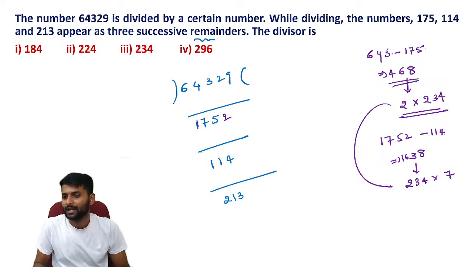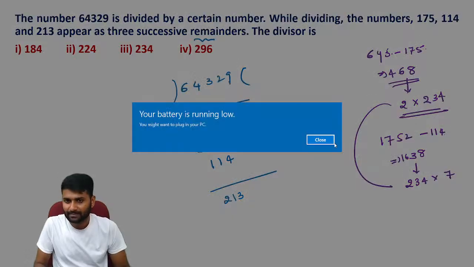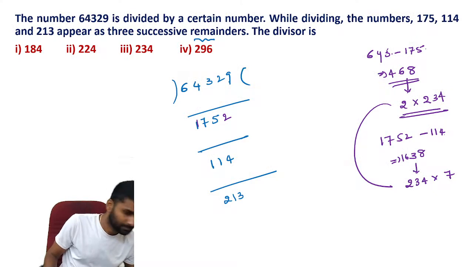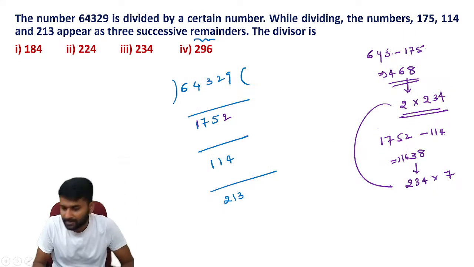Okay. If 234 into 7 times, give me a second.